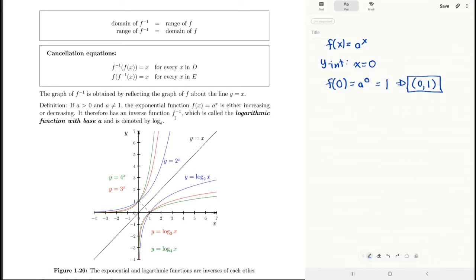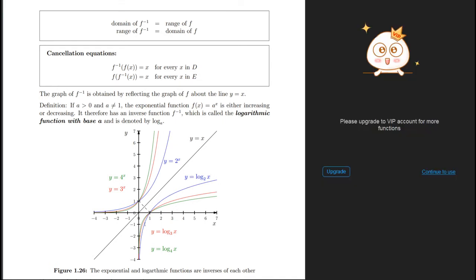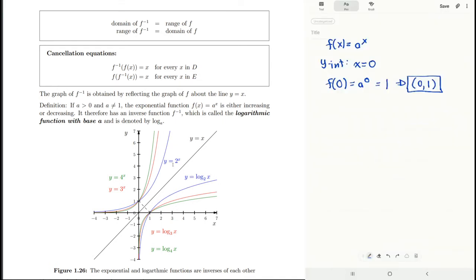So recall that the logarithmic functions are the inverses of the exponential functions. So y equals log base 2 of x is the inverse function of the exponential function y equals 2 to the x. Similarly, log base 3 of x is the inverse of 3 to the x, and log base 4 of x is the inverse of 4 to the x.